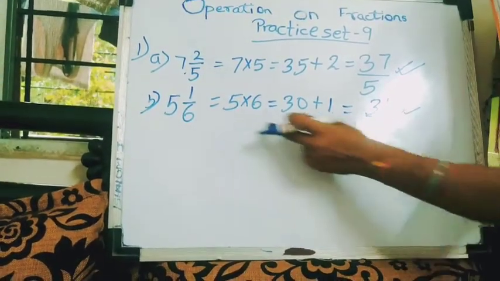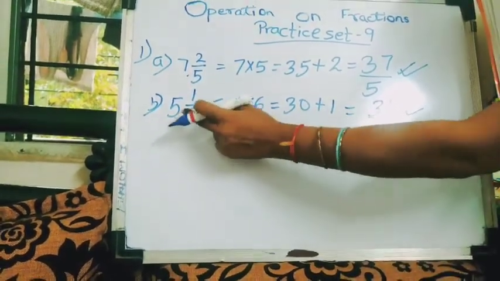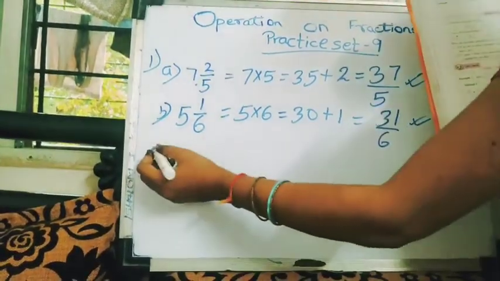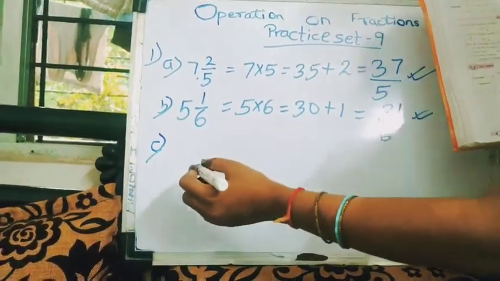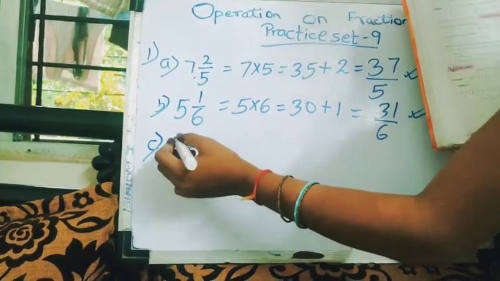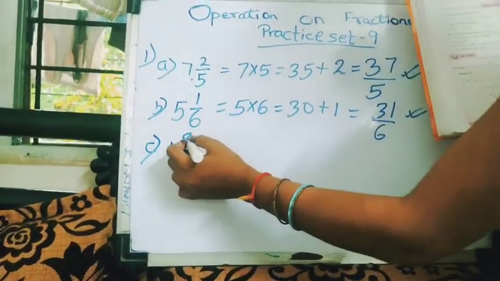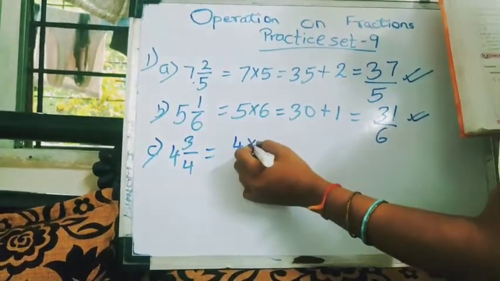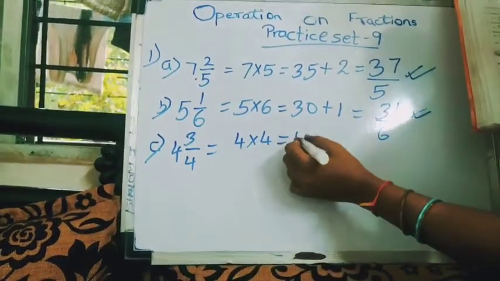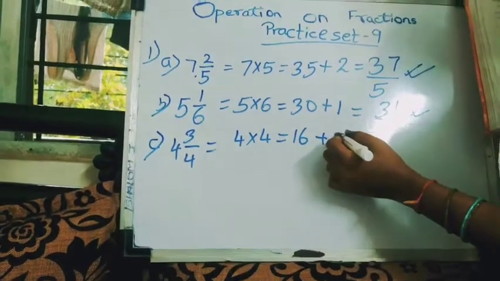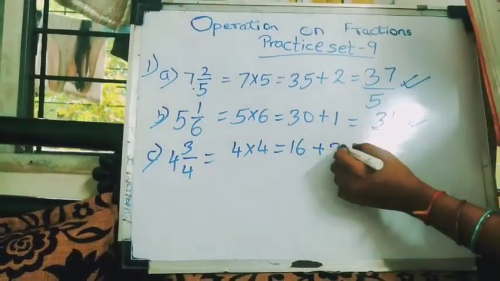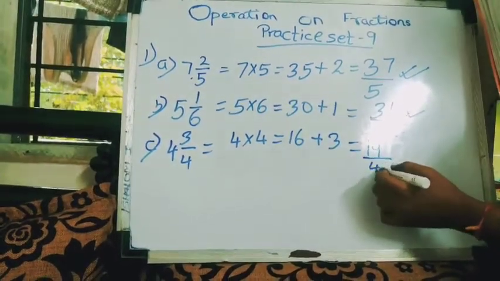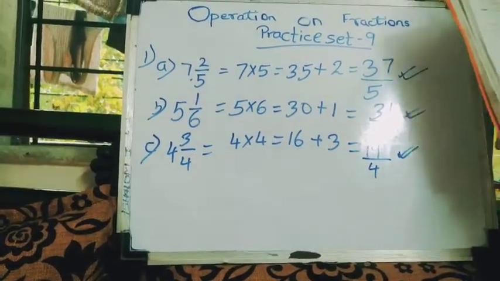This is the answer of this mixed fraction. 5 upon 1 by 6 is equal to 31 by 6. C question is 4 upon 3 by 4. Again multiply 4 into 4 equal to 16 plus how much? Numerator 3. 16 plus 3, 19 by 4 is the improper fraction.